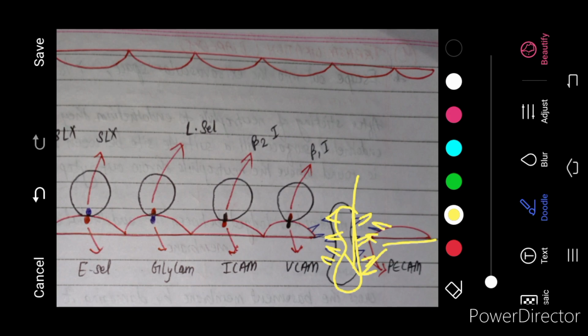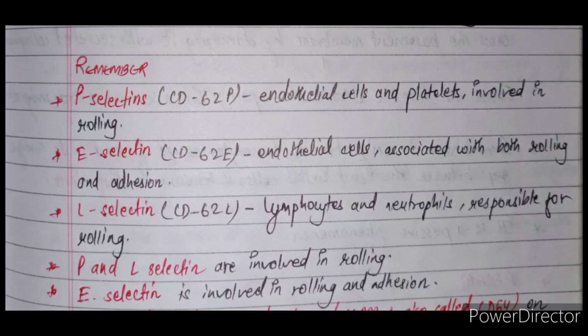So what are the receptors? These are PCAM, which helps in transmigration or diapedesis. So transmigration is the movement of WBC from intravascular to extravascular space with the help of PCAM receptor, also known as CD31.